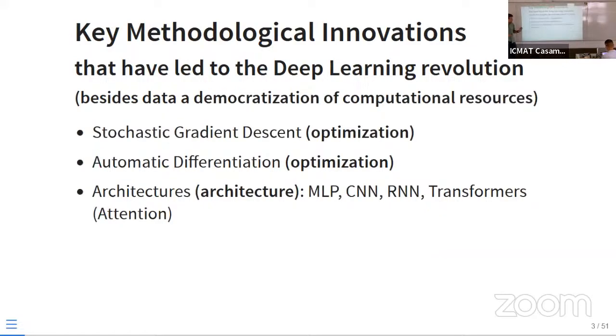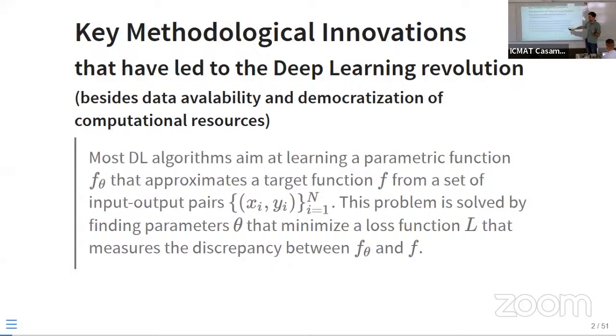So the three main things from a theoretical or methodological perspective that have helped in solving these problems, in my opinion, are these three things. The first one is stochastic gradient descent, which is a technique to solve this optimization problem, that enables us to work in the regime in which n, the number of data points, is very large.